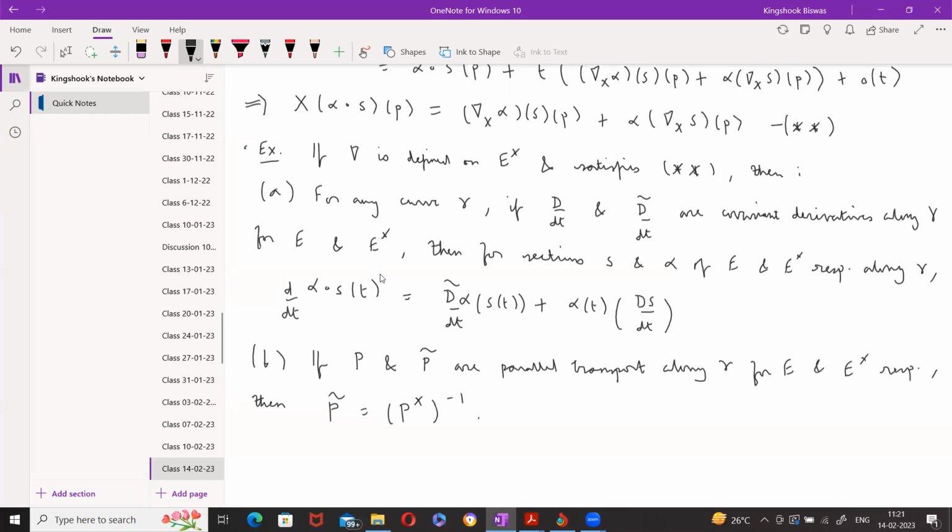So if you can prove part A, then part B will follow from part A. Is the exercise clear? Yes? Okay, so try and prove this.